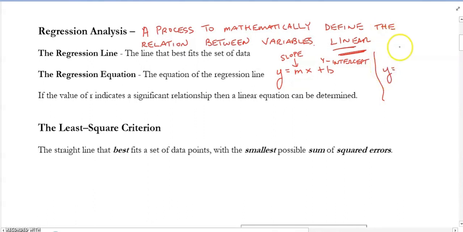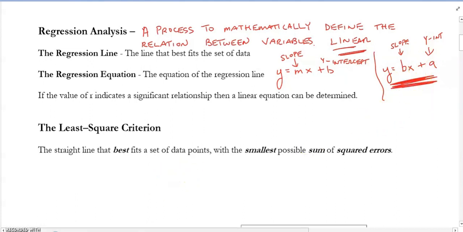Our calculator, when it looks at our data, is going to have the value b, which stands for the slope, and a plus a, and that's your y-intercept. That's the way the BA2 Plus calculator works. So make sure that you commit that to memory.